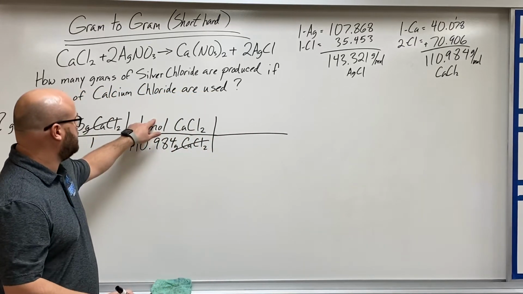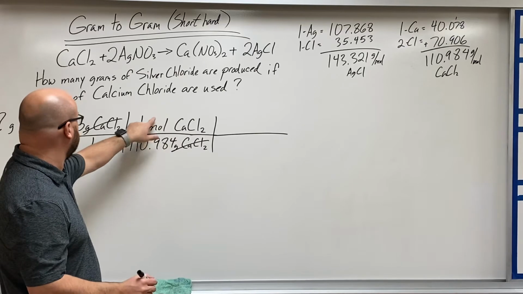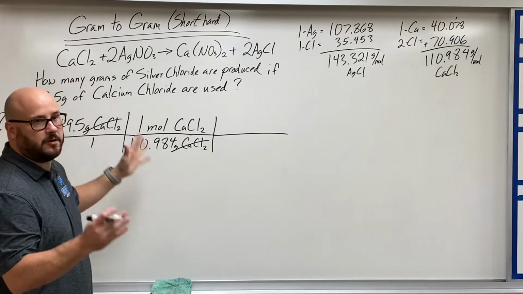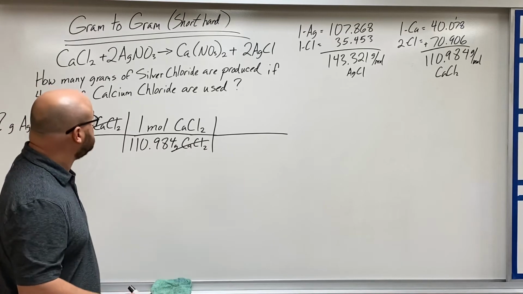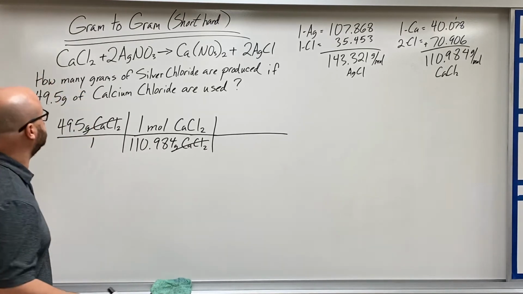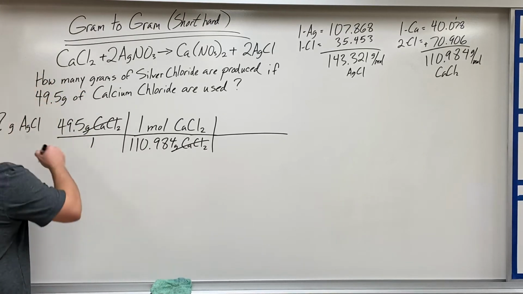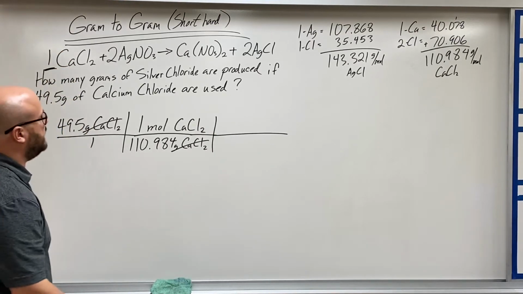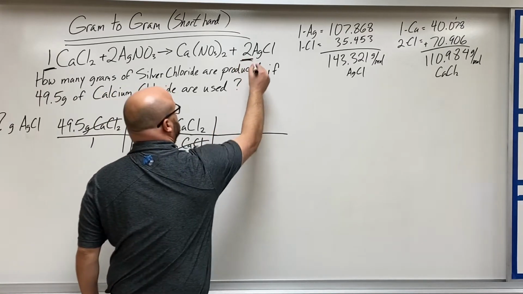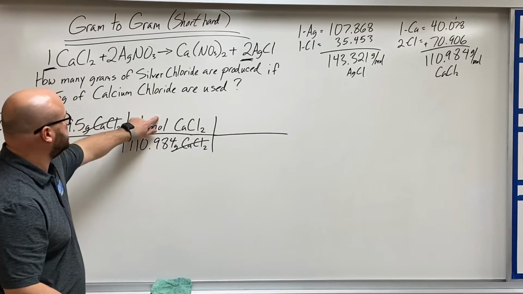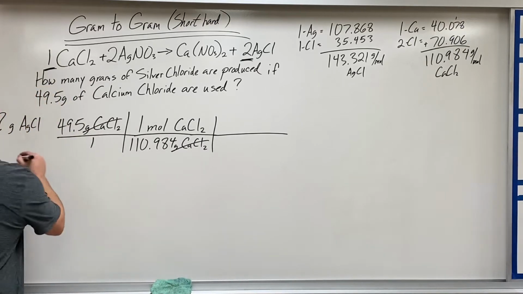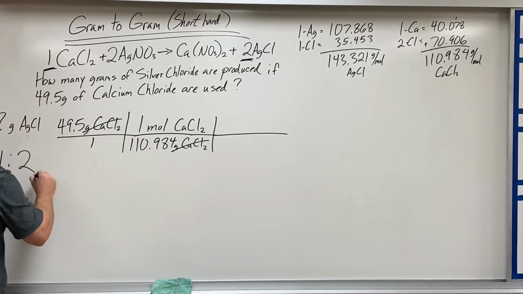We can't do anything with moles of CaCl2. We need to get moles of AgCl first. So we have to find our mole to mole ratio. If you look up in the equation, this is a 1, remember, and then that's a 2. So if we're going from moles of CaCl2 to moles of silver chloride, our ratio is 1 to 2.